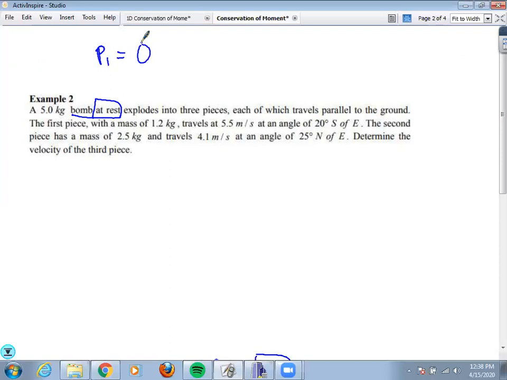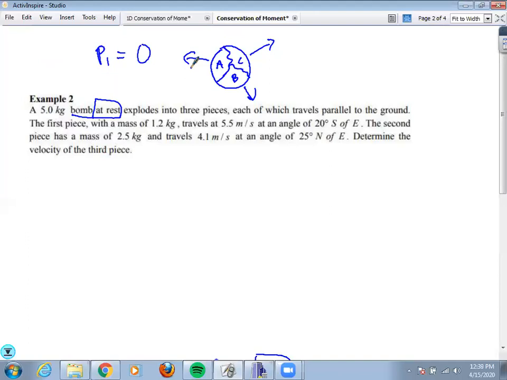So we've got this scenario where we've got this object, and it's going to essentially break into 3 pieces, A, B, and C. So it's initially at rest, then it explodes, so each of these pieces are going to move in those directions. That's just an example. I don't think they're moving in actually those directions, but you get the idea.